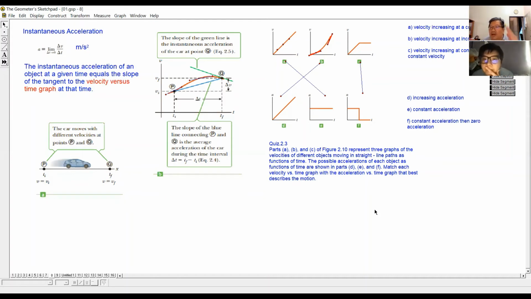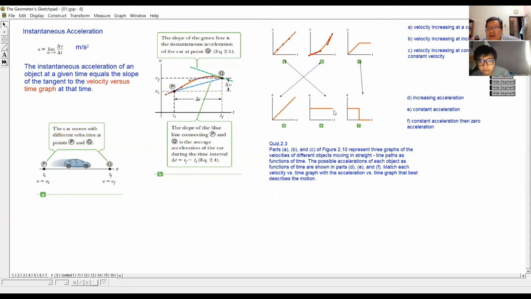So we are looking at the slope of the velocity versus time graph. By saying that the velocity increases at a constant rate, what does that mean?